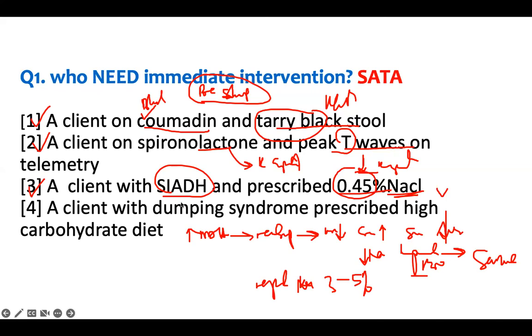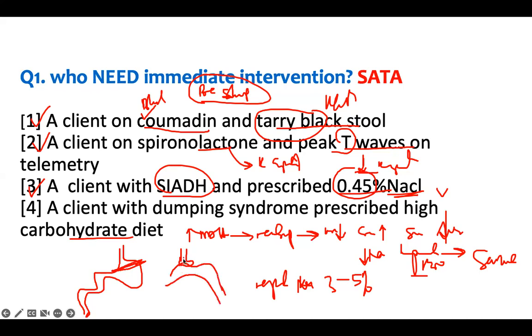Number 4, a client with dumping syndrome prescribed a high carbohydrate diet. What is dumping syndrome? Dumping syndrome is somebody, this is the normal colon and the stomach, small bowel coming like that. People who develop dumping syndrome go to bypass and they cut a little bit of the stomach. So this is what they left, a small stomach, and they bring the bowel and they shunt everything, basically bypass everything.